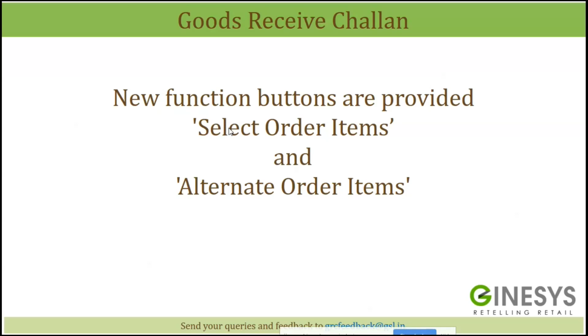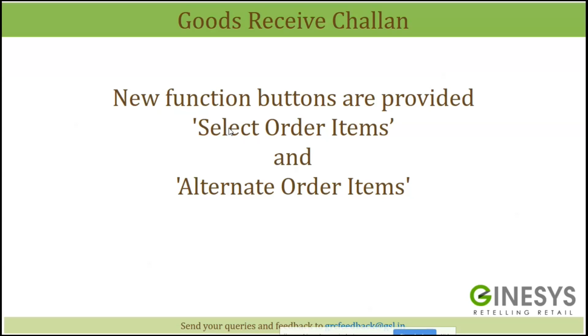But now in the web application, we have provided different options for selection of items in the item detail block itself. What are the options we have provided? We have provided different function buttons for select order items and alternate order items.